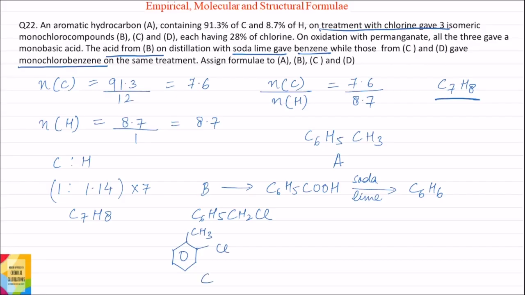This is the structure of C, and the structure of D will be C6H5CH3 with chlorine at the para position. So this is the structure of D. So when C and D are oxidized and treated with soda lime, they give monochlorobenzene as product. So this is the formula for A, this is the formula for B, this is the formula for C, and this is the formula for D.